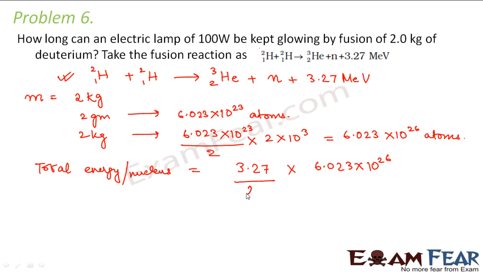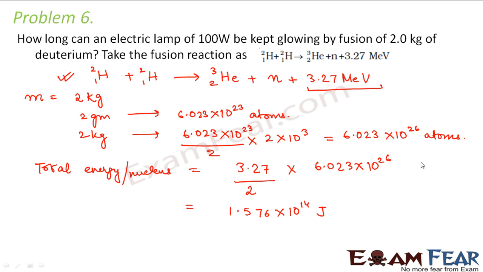Now this will be divided by 2 because here 2 atoms together produce 3.27 mega electron volts. So here I am calculating total energy per nucleus. So this will become 3.27 divided by 2 into this total number of atoms. So this comes out to be 1.576 into 10 to the power 14 joules.